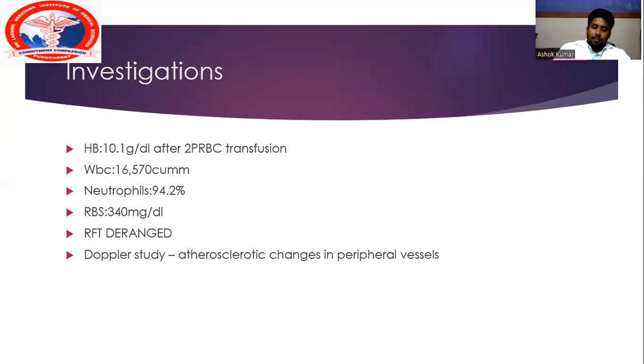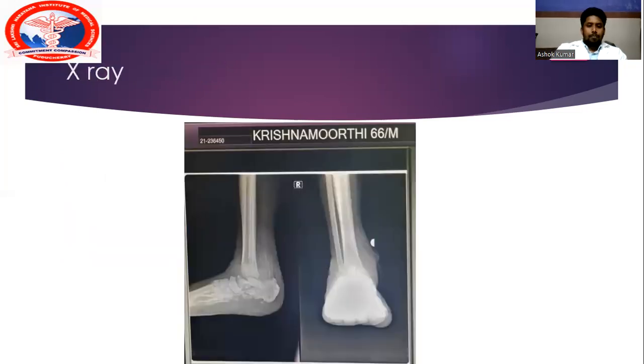The neutrophils were elevated at 94.2%. His RBS was not controlled. His Doppler study showed atherosclerotic changes in the peripheral vessels, but his pulses were normally palpable. On clinical examination, the atherosclerotic changes were very minimal, and he had a triphasic flow in the Doppler and no obvious venous pathology noted.